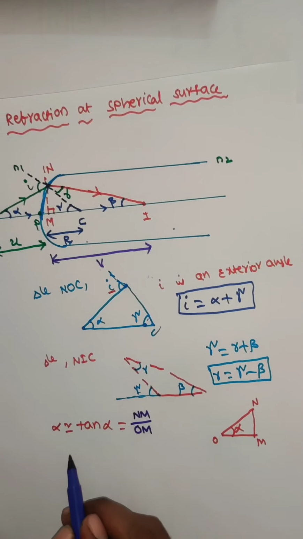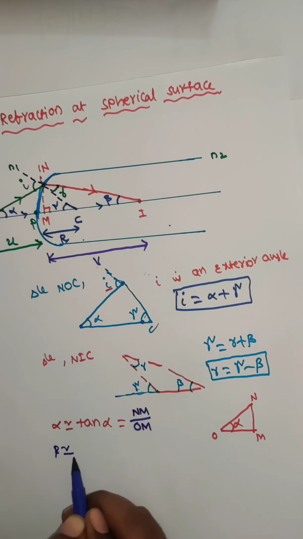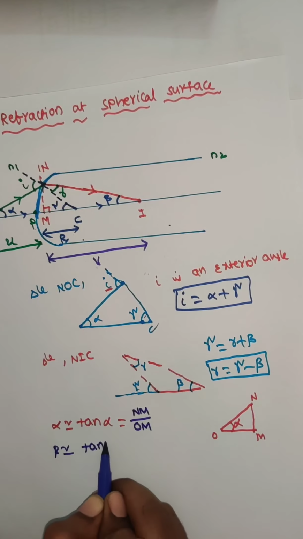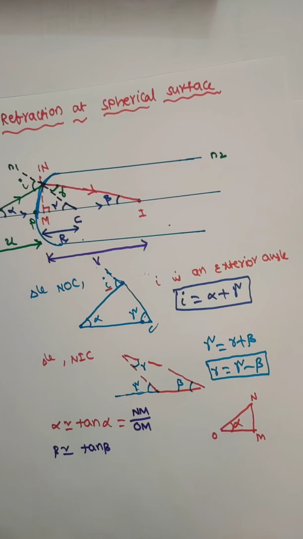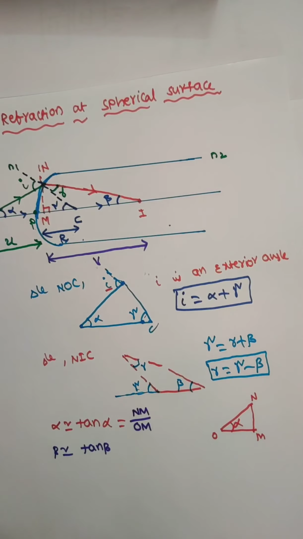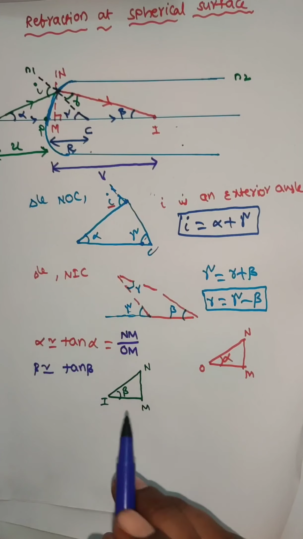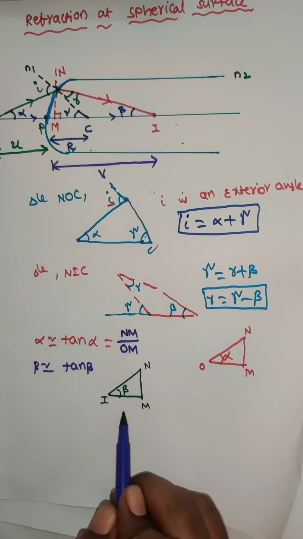Then the next angle, beta. Tan beta, this is the triangle for beta, from triangle MNI.